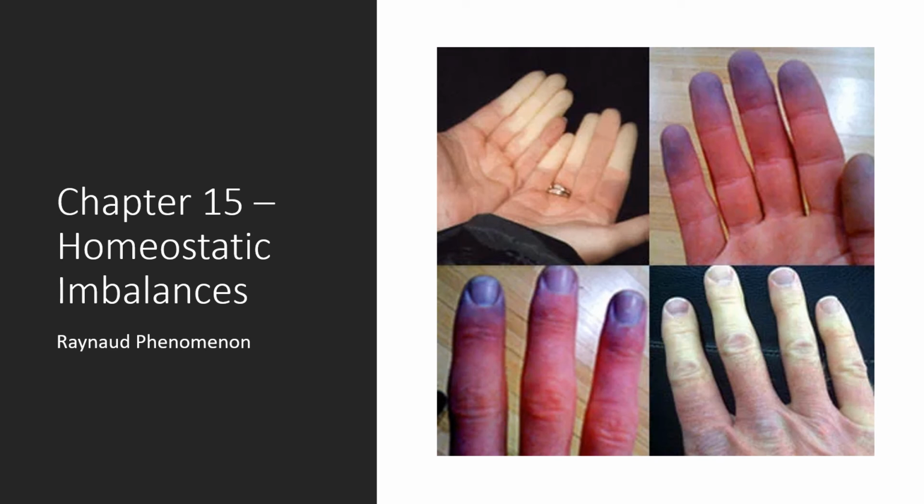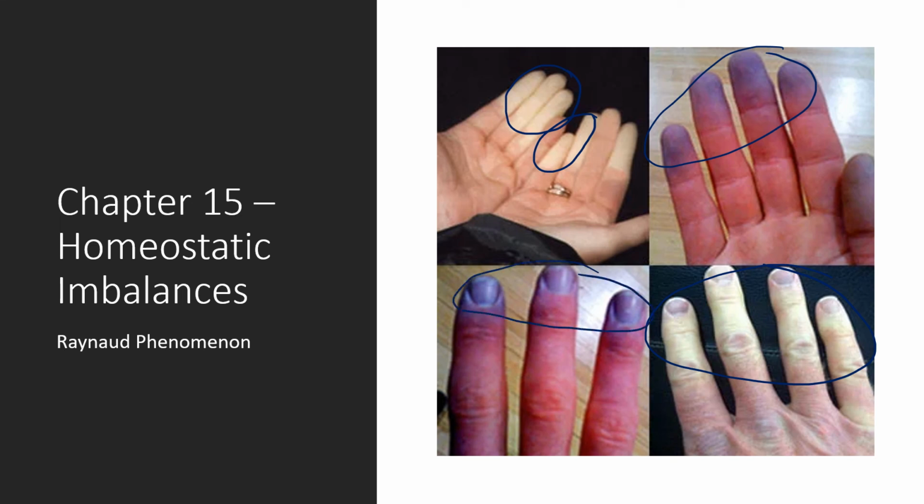In a couple of these pictures, you can see the digits look white. Here, digits are looking white, and here some of the digits are white as well. It could occur on some or all of the fingers, and they look white due to having no blood flow in that area. They could also look blue, as you can see in this picture and even this picture here.